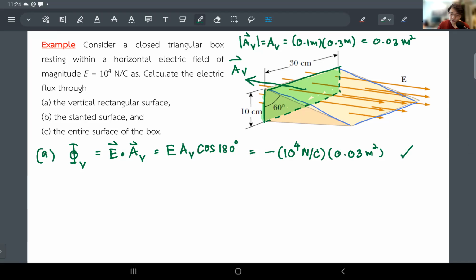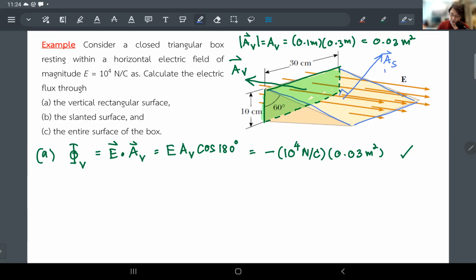Now try again. What about the slanted surface? Let me name this slanted surface A subscript S. I have to draw the area vector first. It's going to point perpendicular to the actual surface. That is your A sub S vector. What is the magnitude of this one?